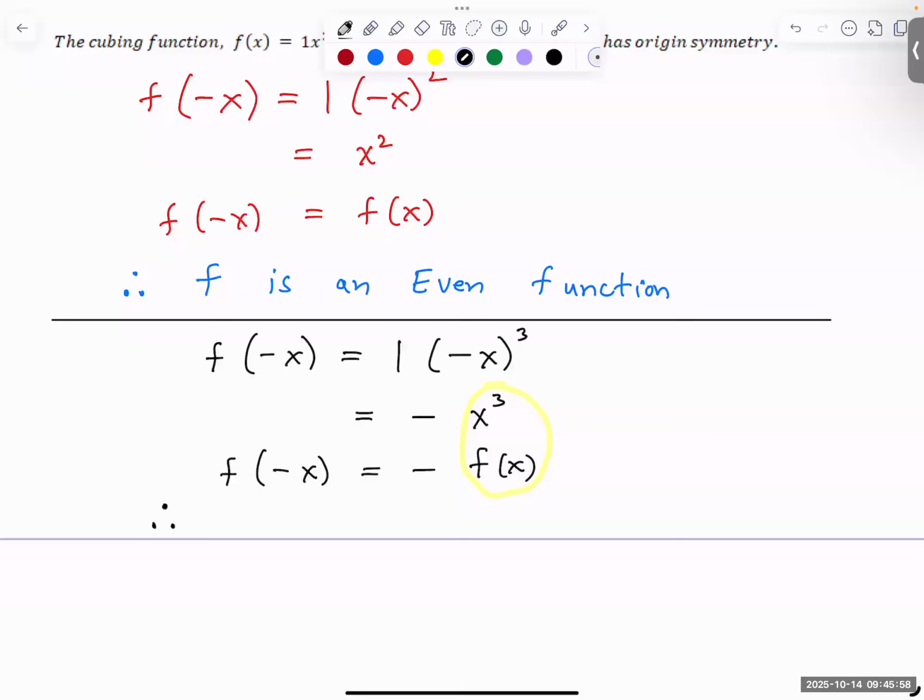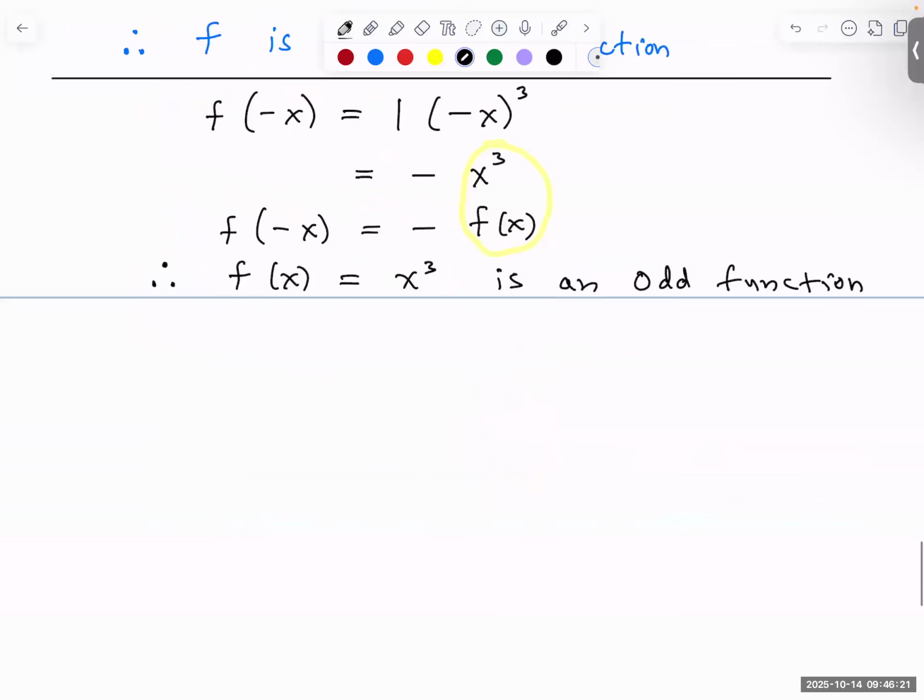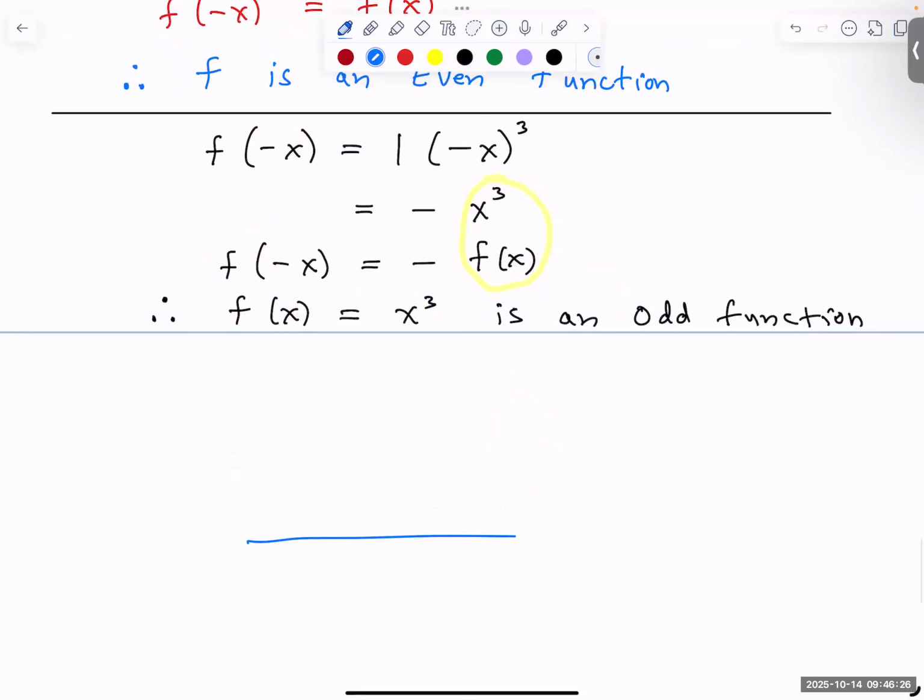Therefore, this cubing function is an odd function, and its graph has origin symmetry. So just to review quickly what that means visually.